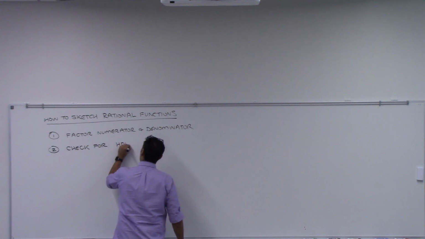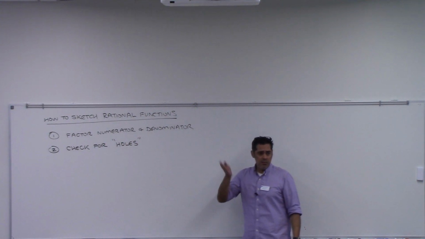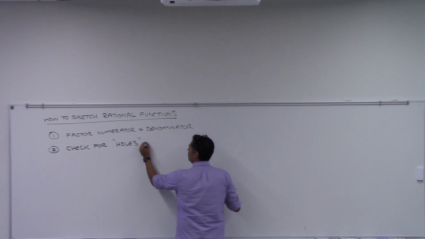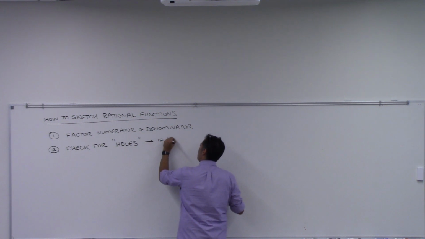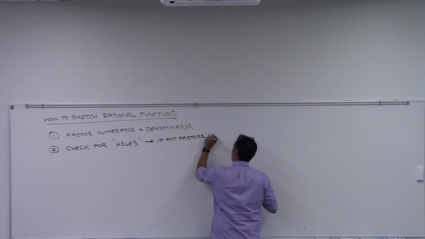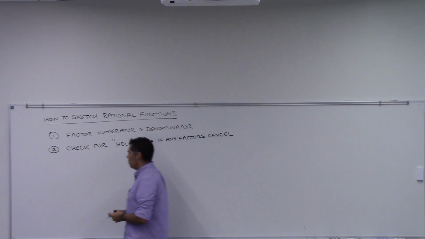Holes, right? Check for holes. Because if any of your factors cancel, you have a hole there, right? If any factors cancel, we will have a hole there.